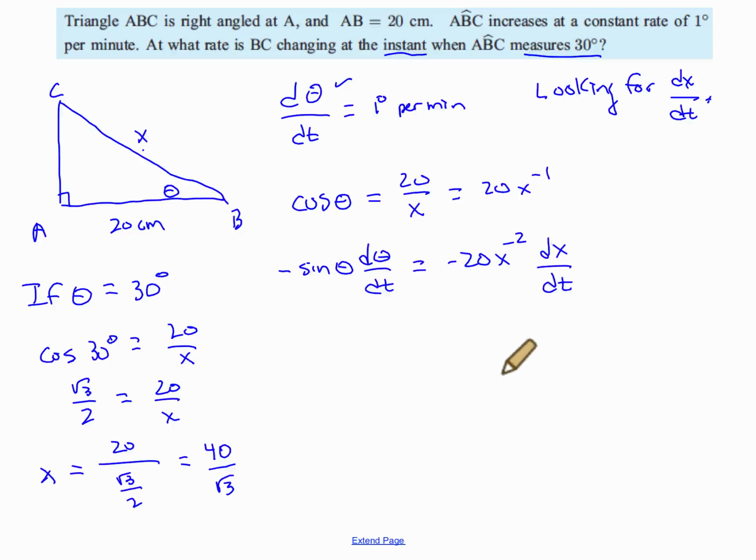So you should not ever use a calculator estimate until the final answer, unless you absolutely have to. Okay, so now we have something for x. We have d theta dt. However, we need to change. We need to always calculate in radians.